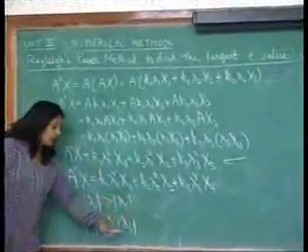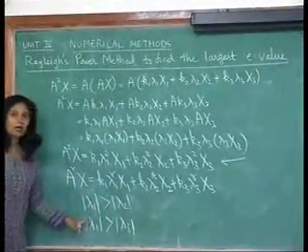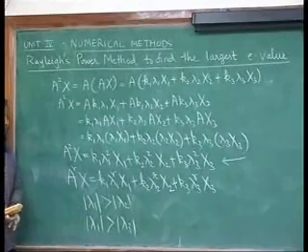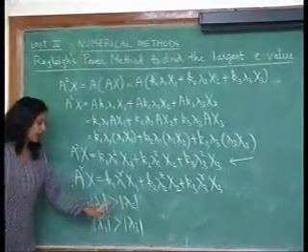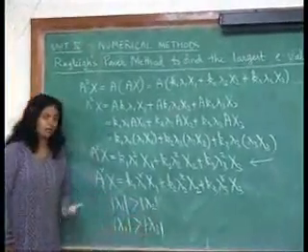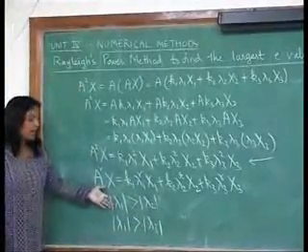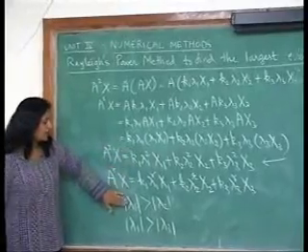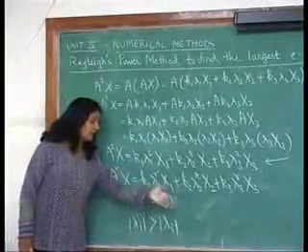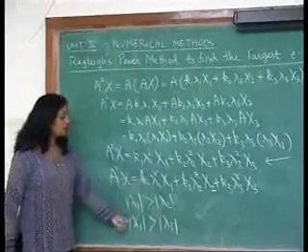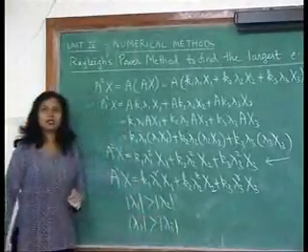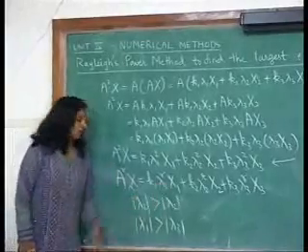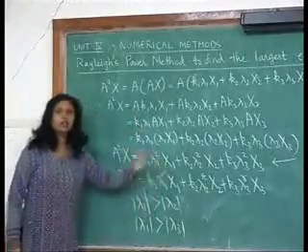If this is so, then as we take higher and higher powers, lambda 1 square will be much bigger than lambda 2 square and lambda 3 square, and the difference will become even more when I take the cube, and even more when I take the fourth power.